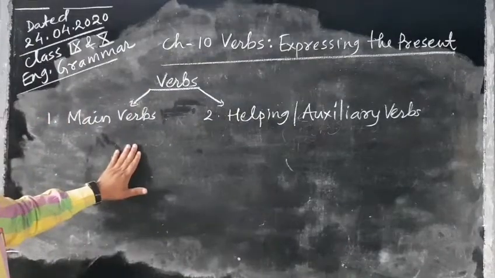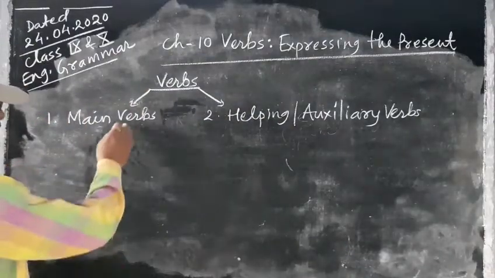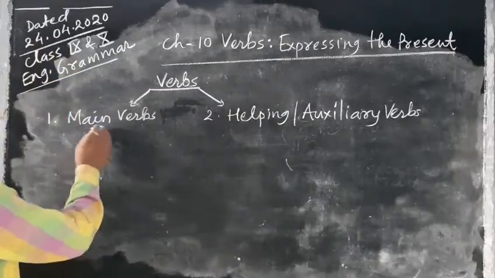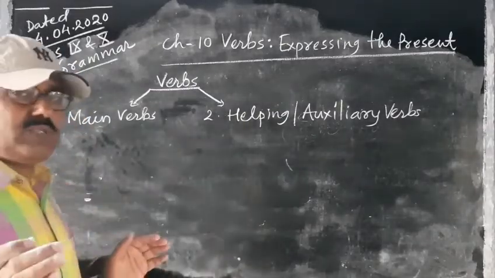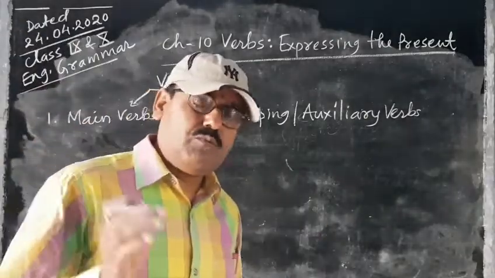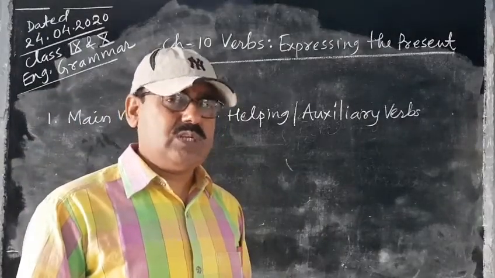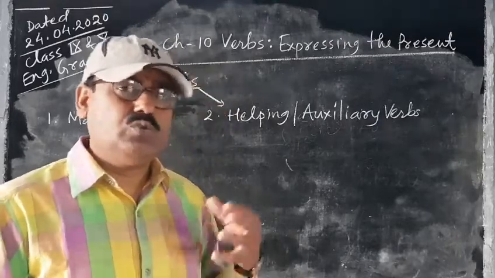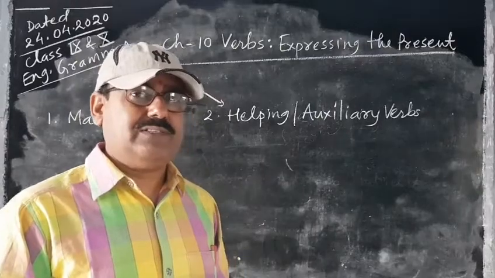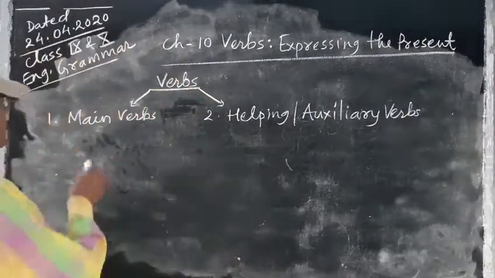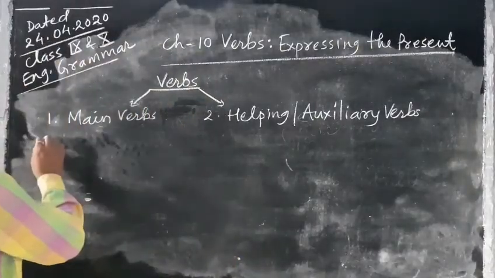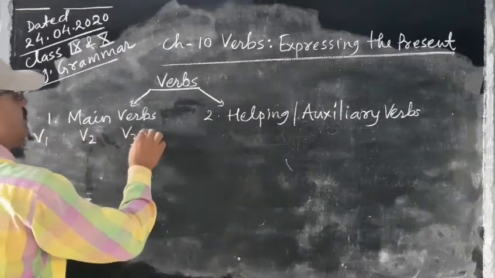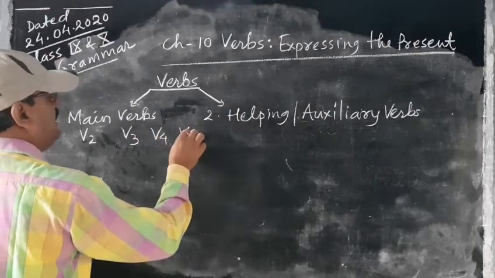These two types of verbs we should keep in mind, and to know the fact that main verbs have 5 different forms according to the need of formation, different structures, tenses. Verbs change their form according to tense, according to the number of the subject. So this main verb has 5 verb forms, that we say V1, V2, V3, V4 and V5.